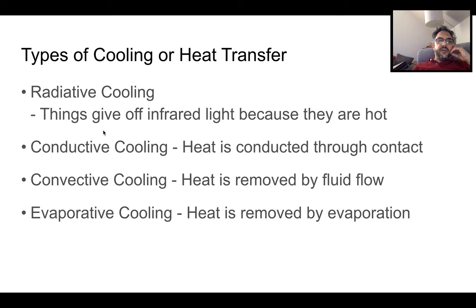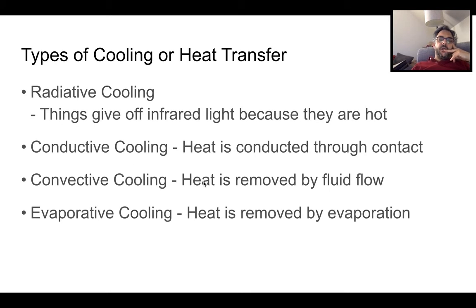We sort of break down the transfer mechanisms into four different categories. One is radiative cooling. Things give off heat because of infrared light. The things that are hot radiate in the infrared. Conductive cooling. So heat moves through contact from a warm place to a cool place.